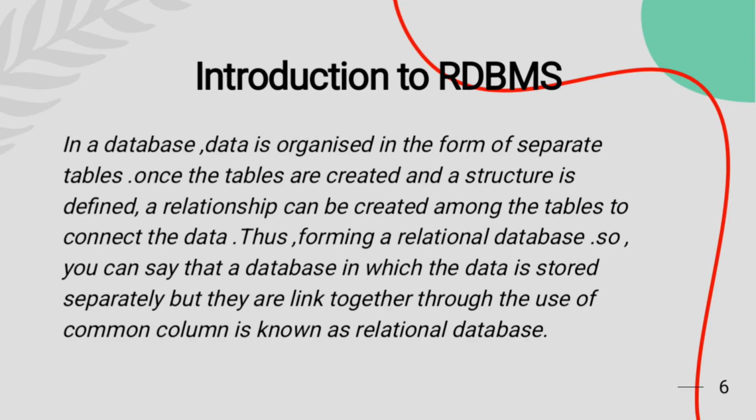Once the tables are created and a structure is defined, a relationship can be created among the tables to connect the data, thus forming a relational database. So you can say that a database in which the data is stored separately but they are linked together through the use of a common column is known as a relational database.